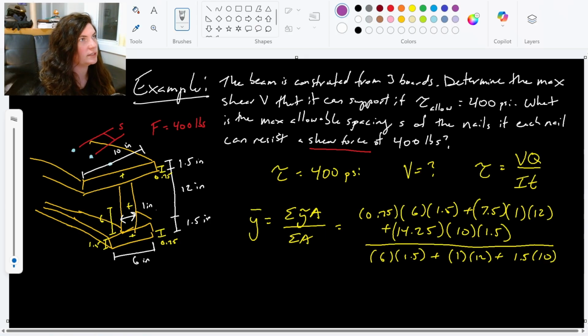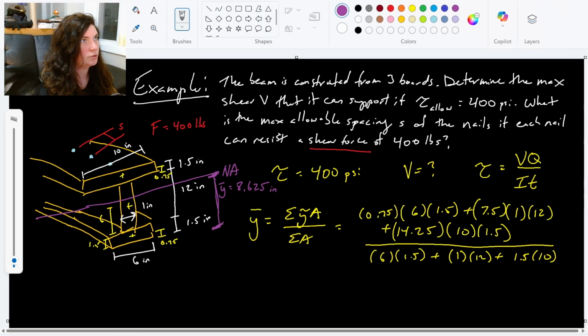Since all of these centroids I was measuring up from the bottom, that is somewhere, let's say right here. Right here's our neutral axis, where y bar is 8.625 inches off the ground. So that's this distance here.